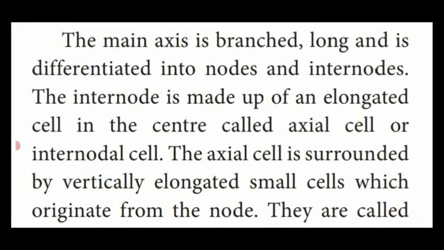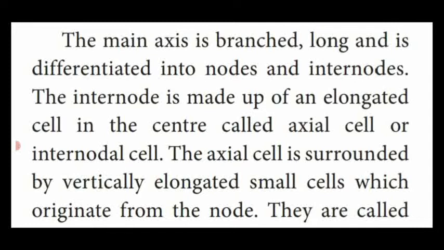The internodal region is made up of elongated cells in the center called axial cells or internodal cells. The internodal region, which is made up of elongated slender cells in the center, is called axial cell or internodal cells.